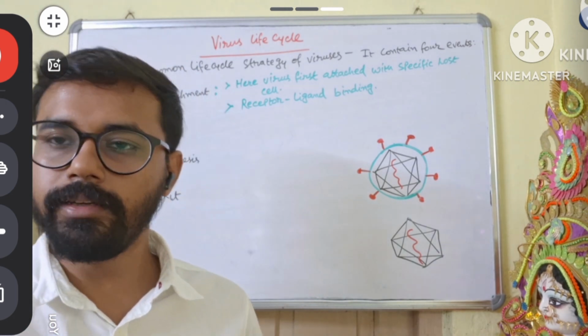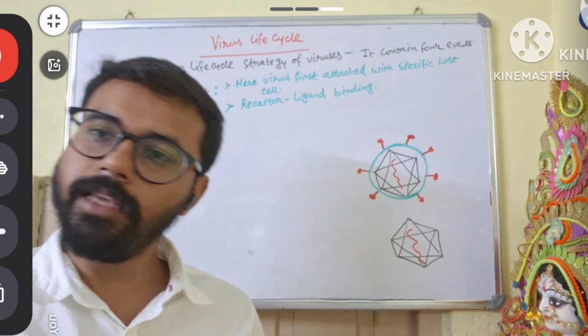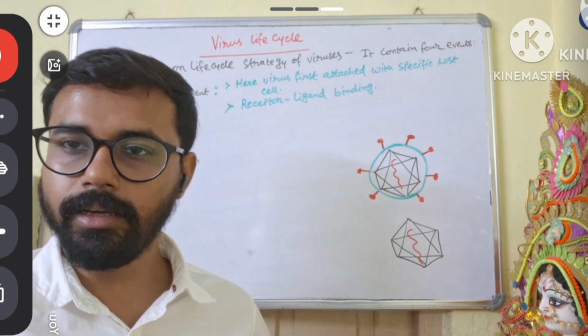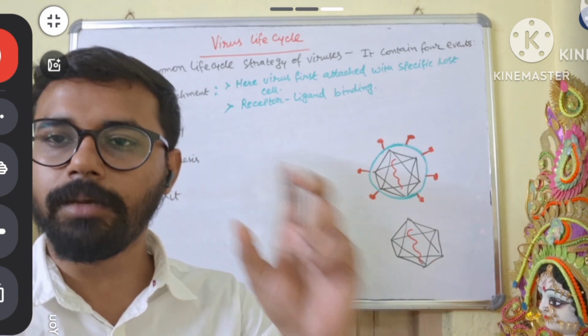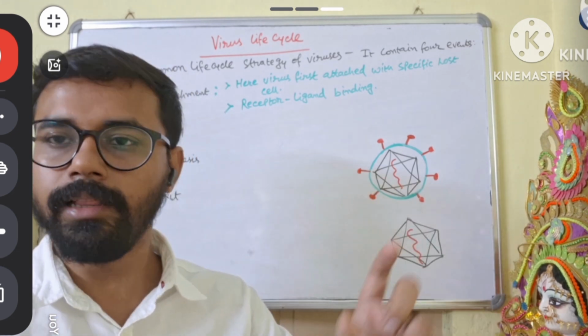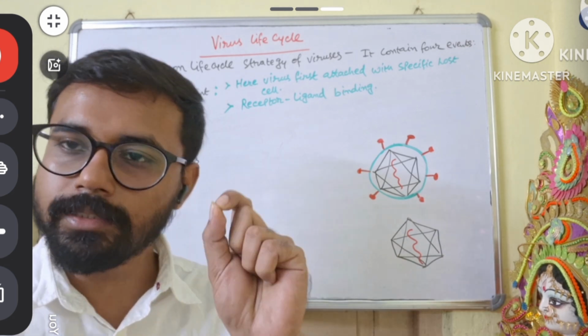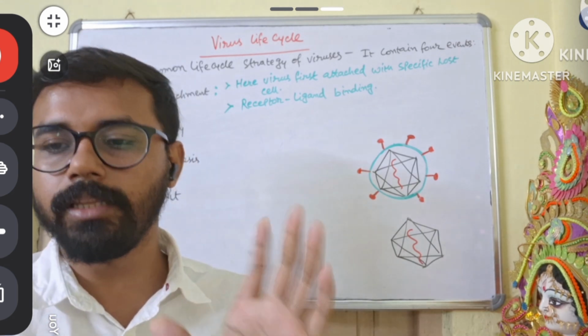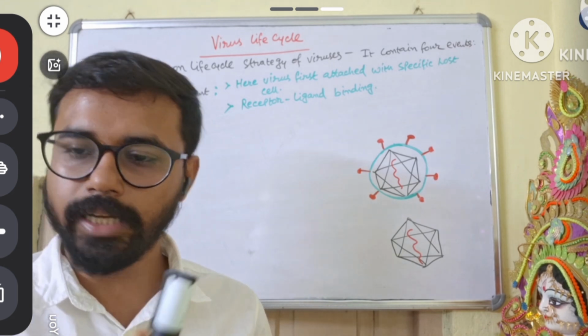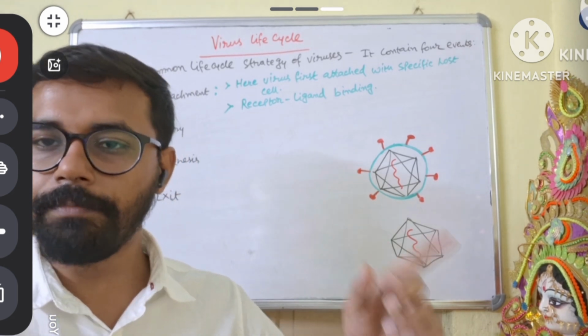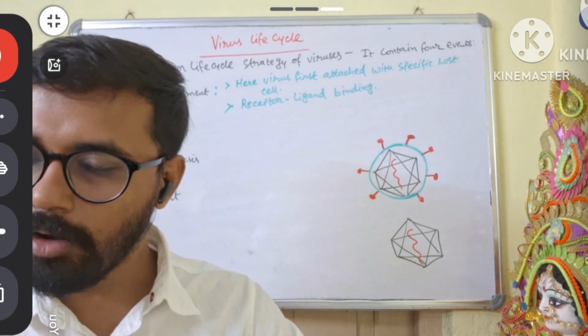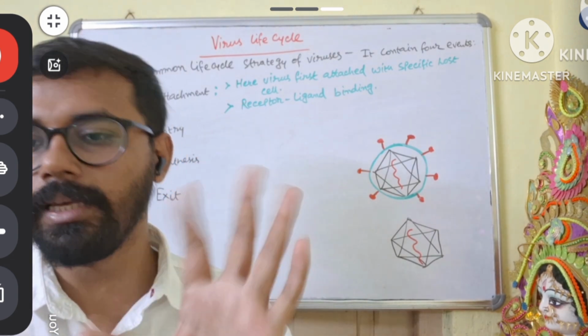The receptors will vary. Many cells may be present in a host, but the receptors of a particular cell vary from others. This receptor is recognized by the virus. So the virus contains the ligand, and the receptor is present on our own host cell.